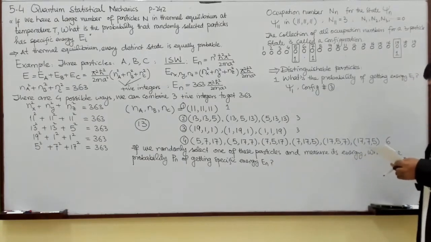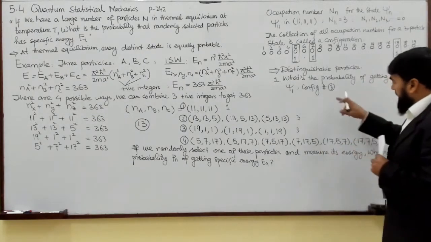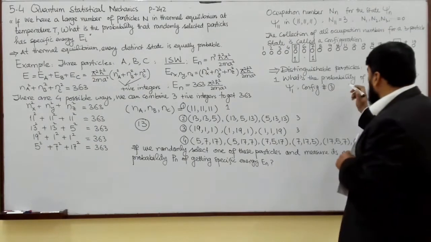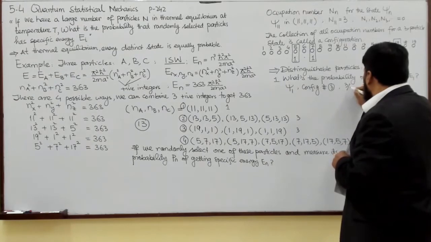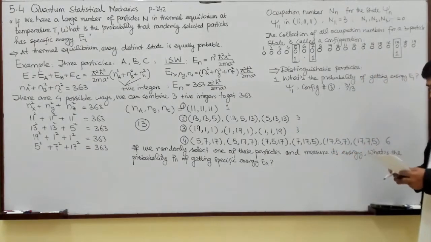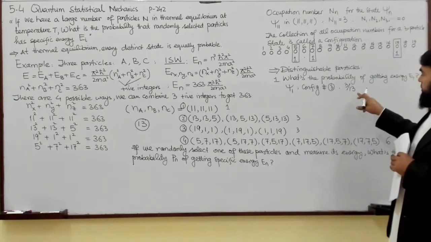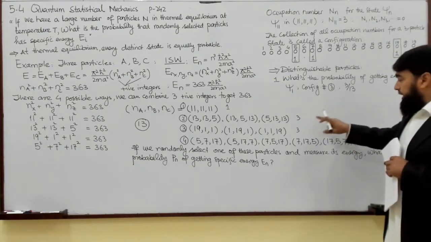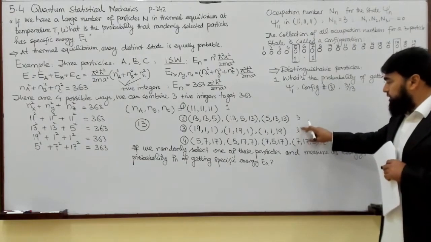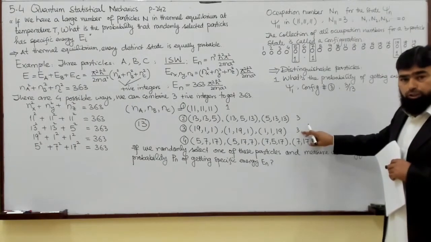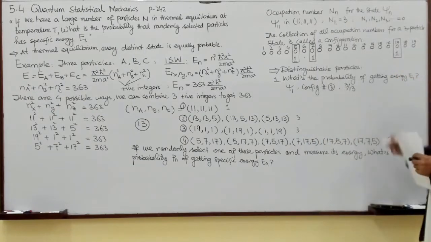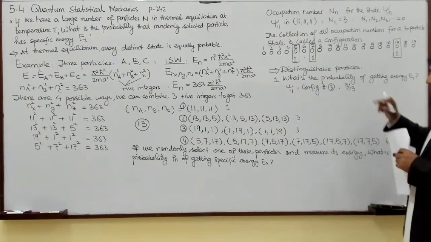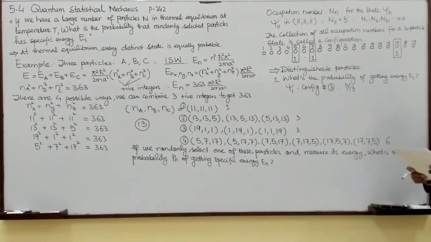So I will say that the chance of getting configuration number 3 is 3 over 13, because there are 13 total combinations and configuration number 3 has 3 combinations out of the 13.